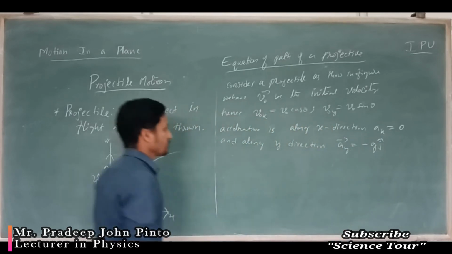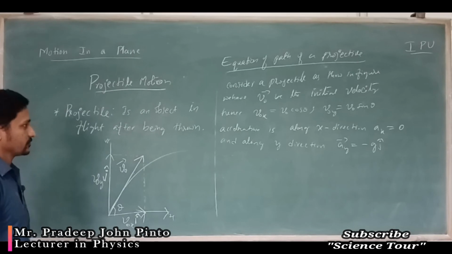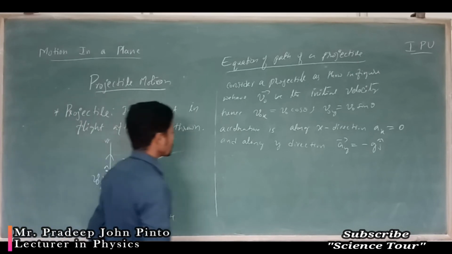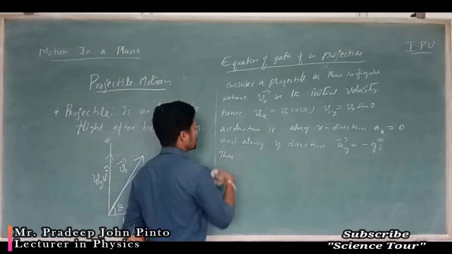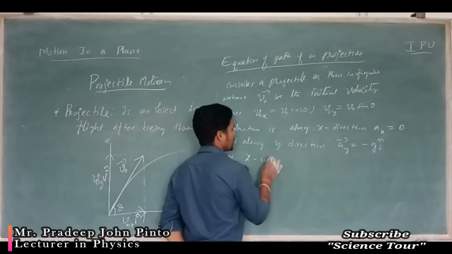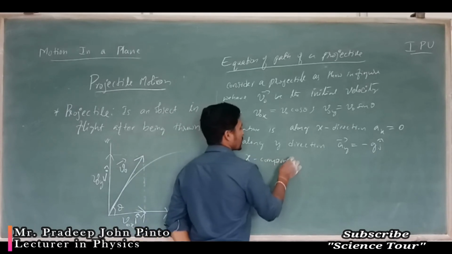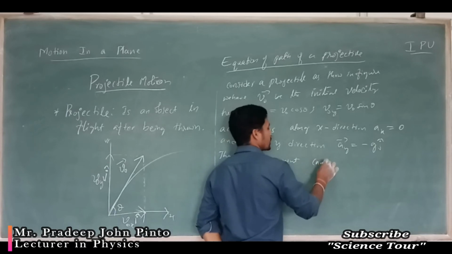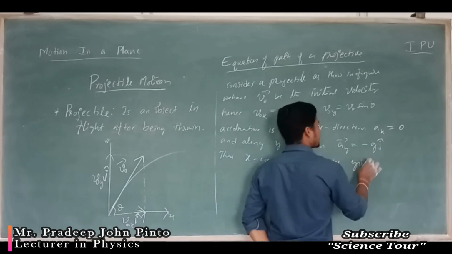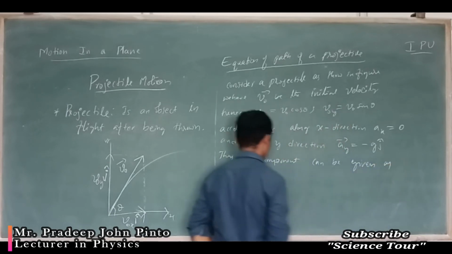The magnitude is minus g and it is j cap. We have then the x component, which can be given as follows.